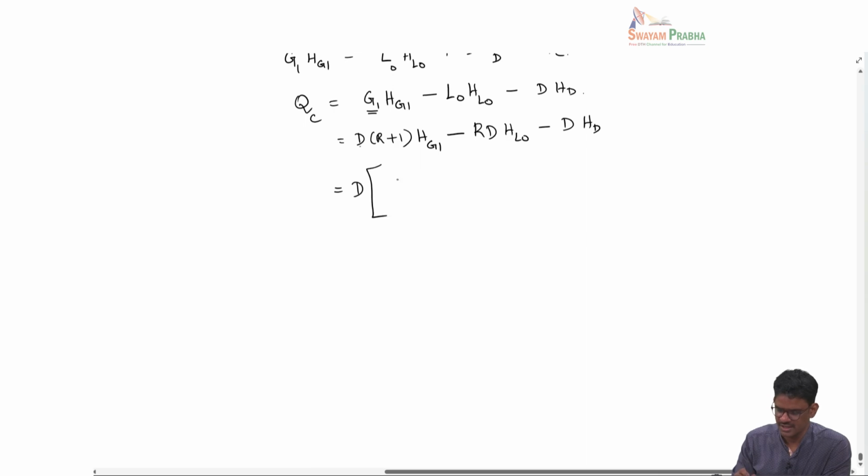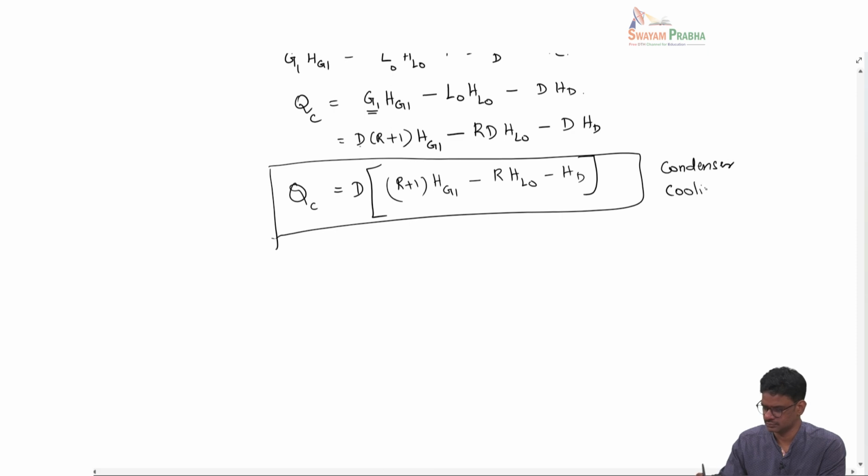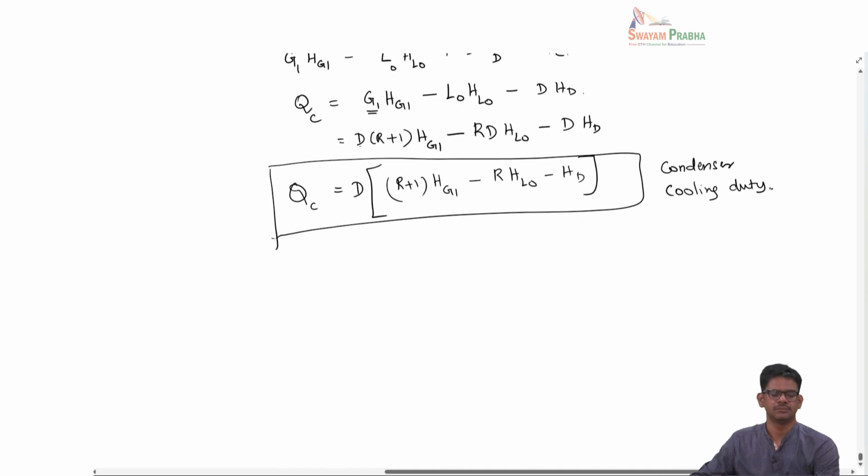So D can be taken out. So you obtain the condenser duty by this equation.